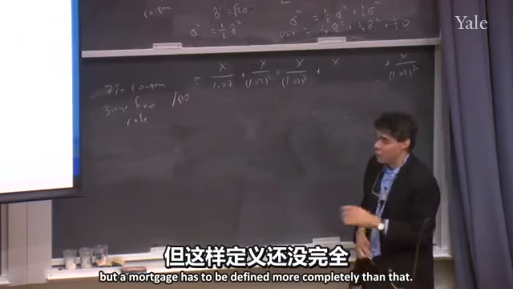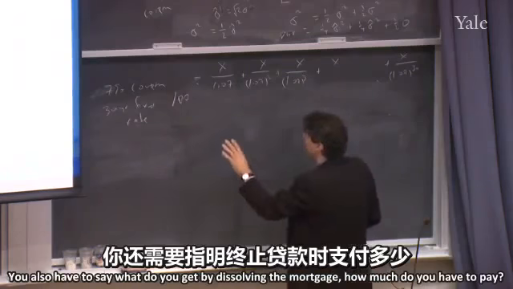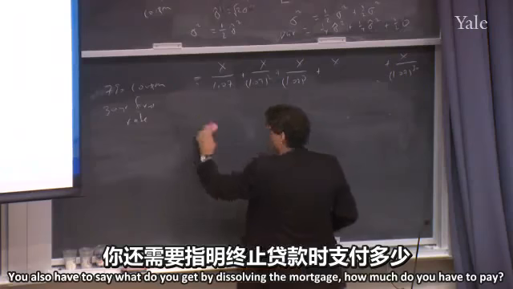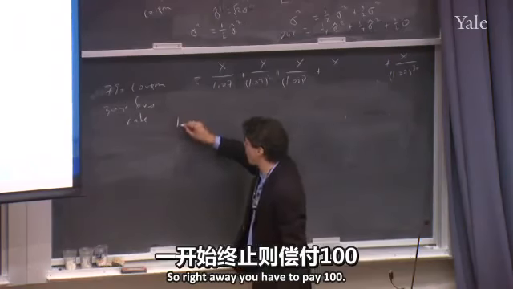But a mortgage has to be defined more completely than that. You also have to say how much you have to pay to dissolve the mortgage. Right away, you have to pay 100.